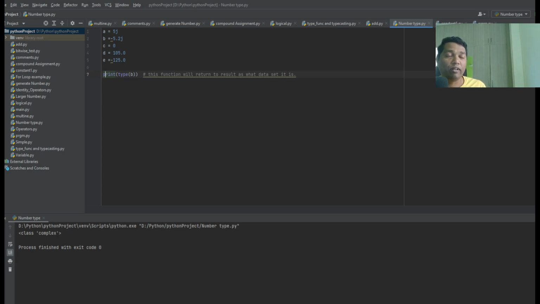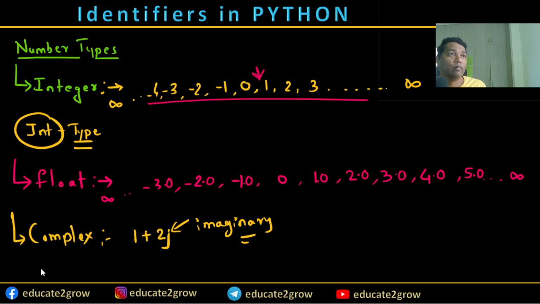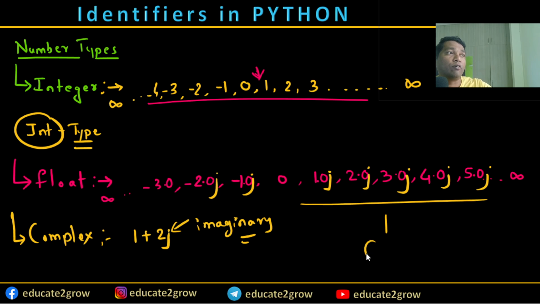So let me go back here, I'll tell you how exactly on the paper. The number is the same, whatever you see. In front of this I put j, in front of this I put j, even here. This becomes a complex.